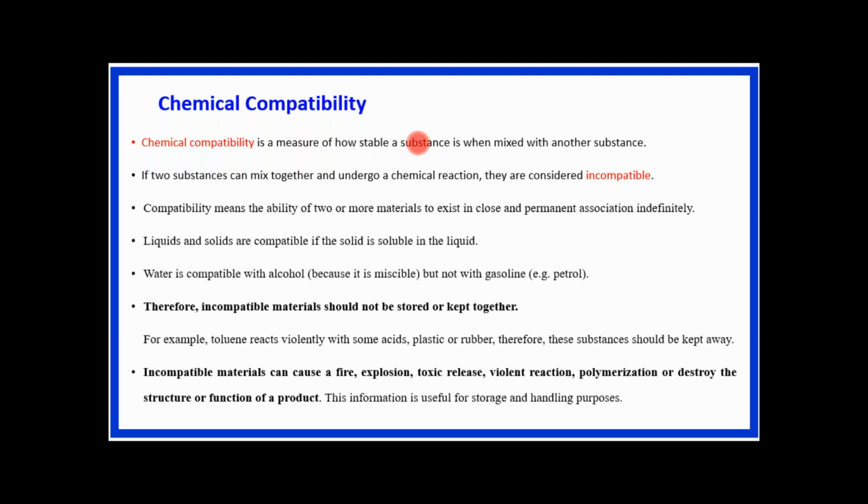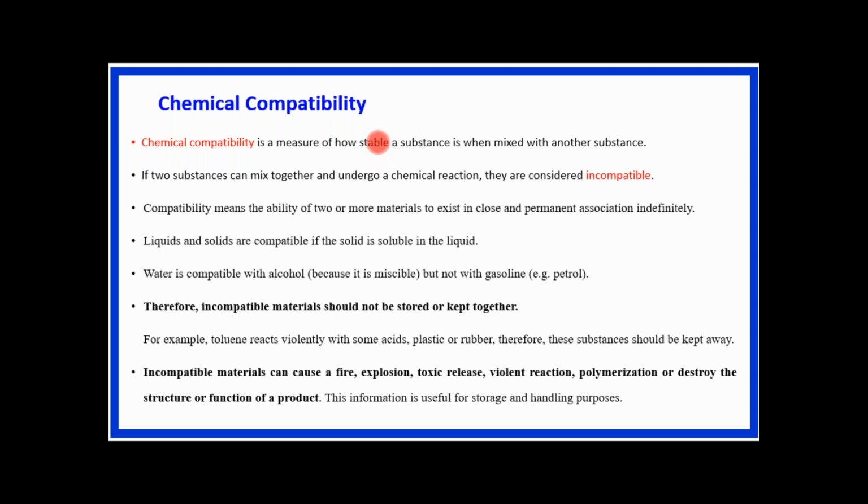If a single substance or pure substance is there, then that pure substance is always stable. But when one substance is mixed with or contacted with another one, then what exactly is the property of that substance? So if both substances after mixing are stable, then they are called compatible with each other.